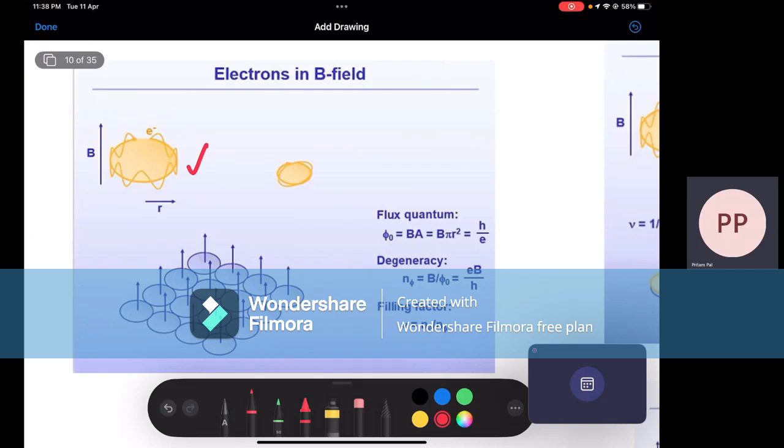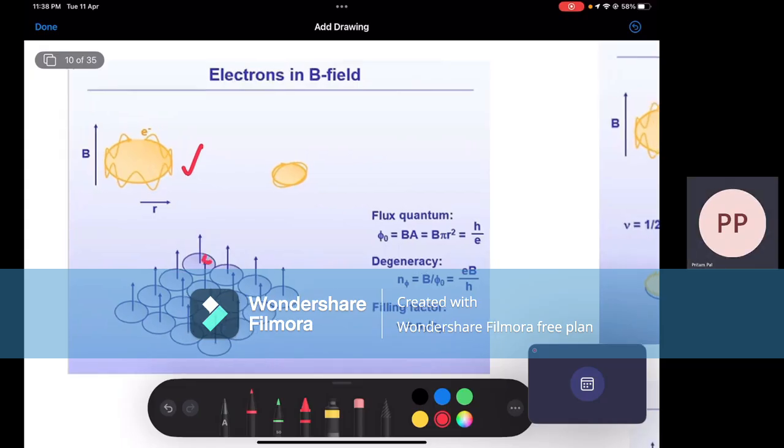Here you can imagine an electron traveling in a cyclotron orbit, and this is the lowest Landau level. For my cartoon, this represents a flux quantum.